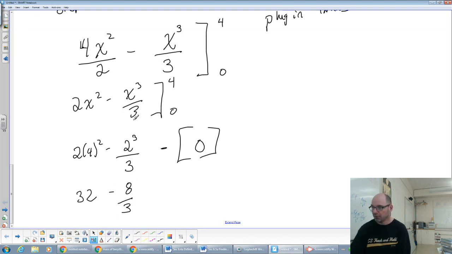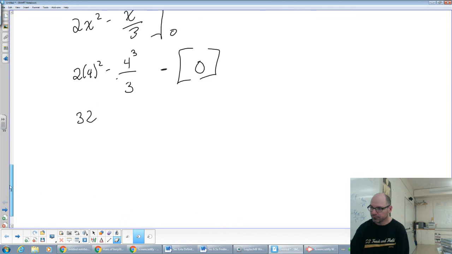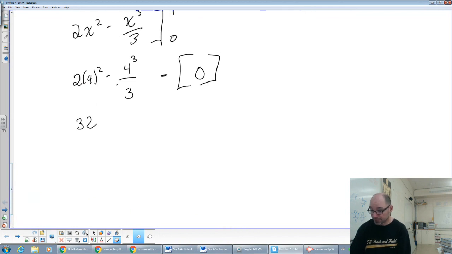Wait a minute. Why did I put a 2 there? It should be a 4, right? Look at my upper limit of 4. I'm getting confused here. Sorry, guys. That's 4 cubed, not 2 cubed. So that should be 64. Okay, let's fix that up. Okay, let's do that.